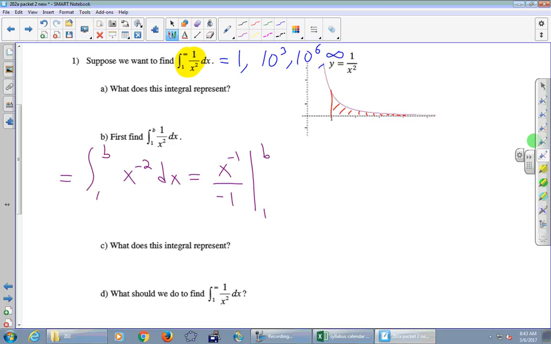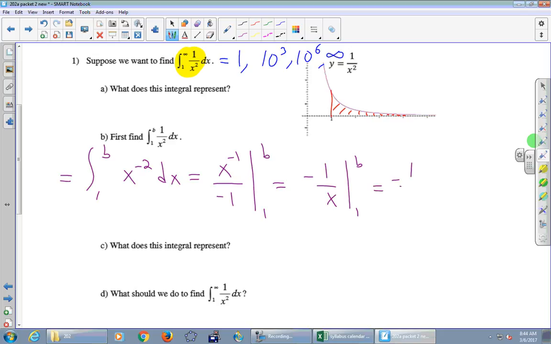You're welcome to plug in now, but I would first rewrite that x to the negative 1 so it's a little bit more friendly. Everyone agree? That's really negative 1 over x. Okay, and so now we're going to plug in the b, top and bottom. Plug in the b and the 1.